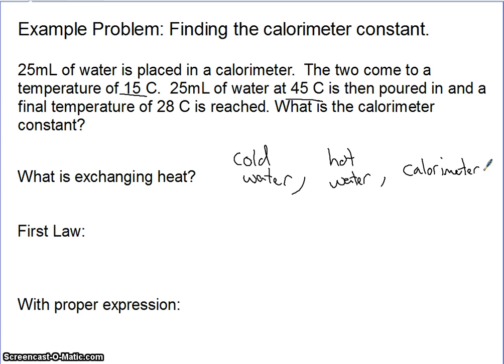Since the cold water is exchanging heat, I write a Q for it. So whatever heat goes into the cold water is represented by Q of cold water. The hot water is exchanging heat, so it gets a Q. Whatever heat comes out of the hot water is represented by this Q. The calorimeter is exchanging heat, so it gets a Q. Whatever energy goes into the calorimeter is represented by that Q. And again, all of these have to add up to 0.